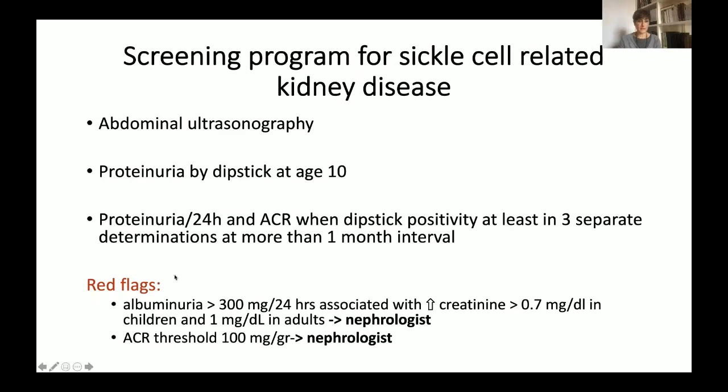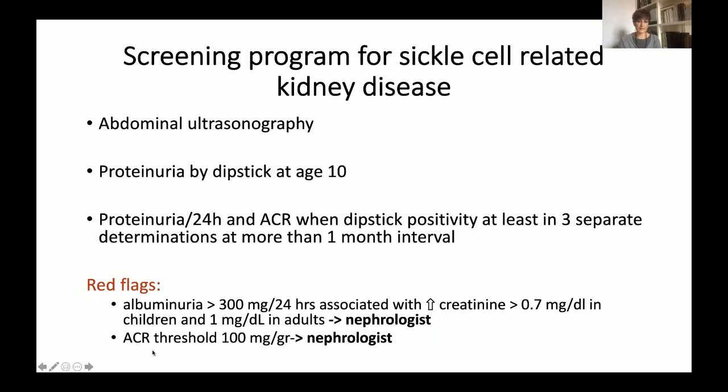So which may be considered red flags in a comprehensive sickle cell center for adult patients with sickle cell disease? Albuminuria higher than 300 milligrams over 24 hours, associated with increased creatinine over 0.7 milligram per deciliter in children and 1 milligram per deciliter in adults. Then let's see the nephrologist and discuss with him or her.